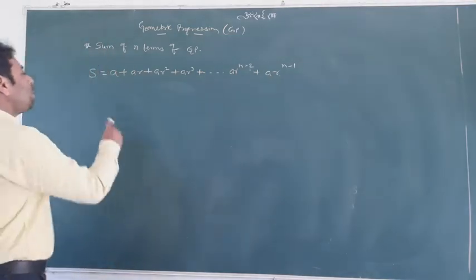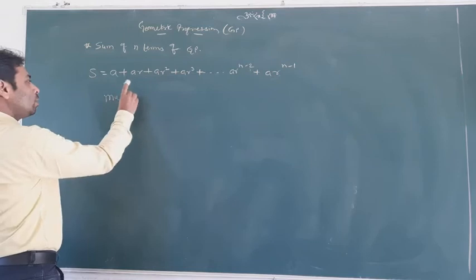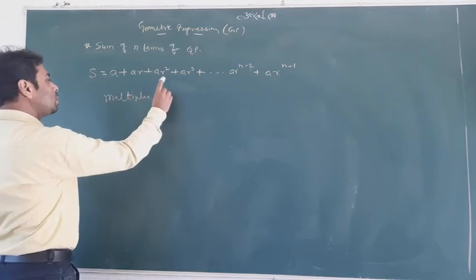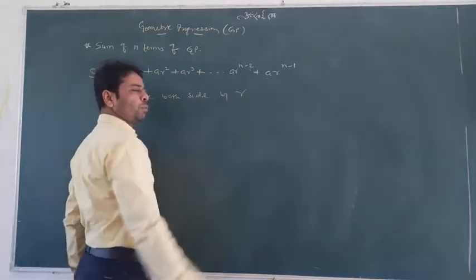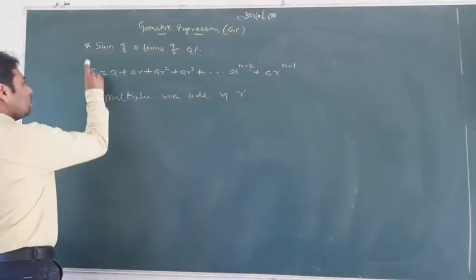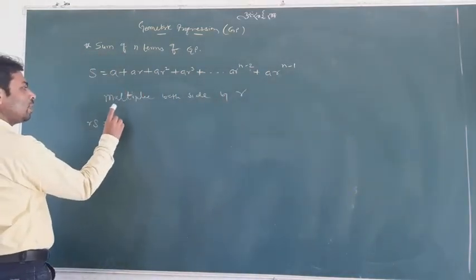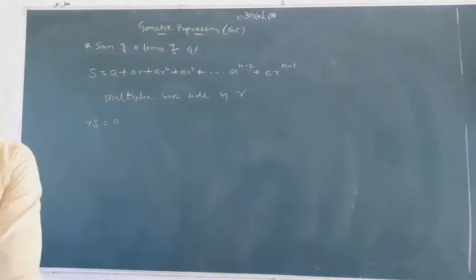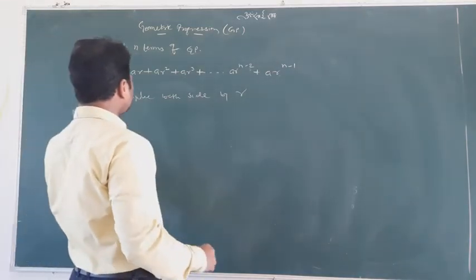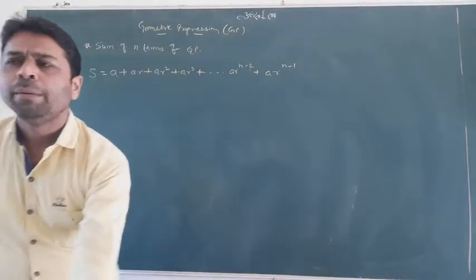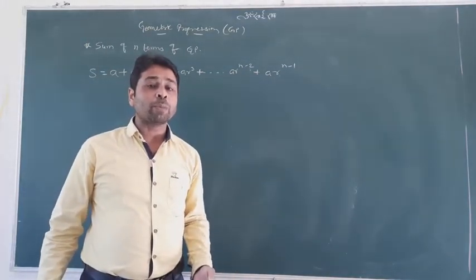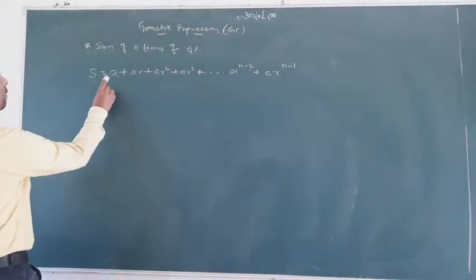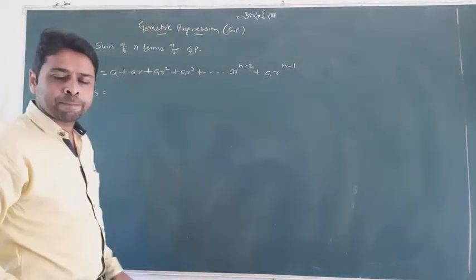Now I multiply both sides by the ratio r. So it's going to be r into S, that is rS.